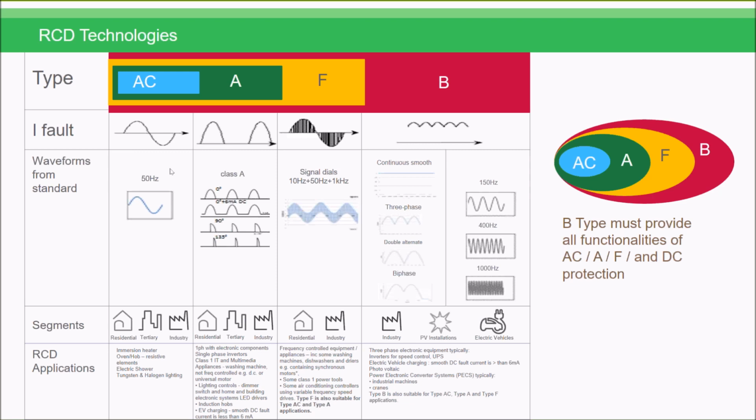The type AC RCD trips on alternating sinusoidal residual current when it's suddenly applied or smoothly increasing. And this is quite a common type of RCD device that's available in the marketplace. You then move on to type A, and type A RCDs trip on alternating sinusoidal residual current and on residual pulsating direct current, whether it's suddenly applied or smoothly increasing.